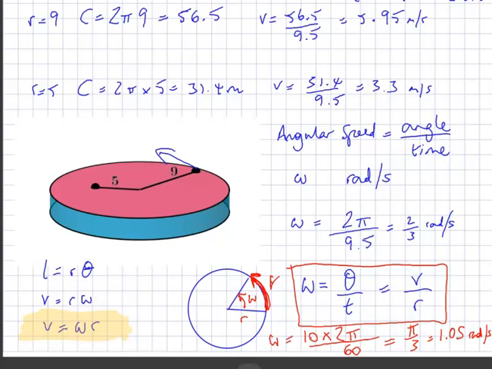So I'm hoping that I've been able to give you a little revision of the radian measure in a slightly different context than what you had in your pure maths. And we've introduced this idea of angular speed, a different way of talking about something moving if it's moving in a circular fashion. And I've gone through a couple of examples where we're using the relationships of the angle, the radius, the length moved, and speeds.